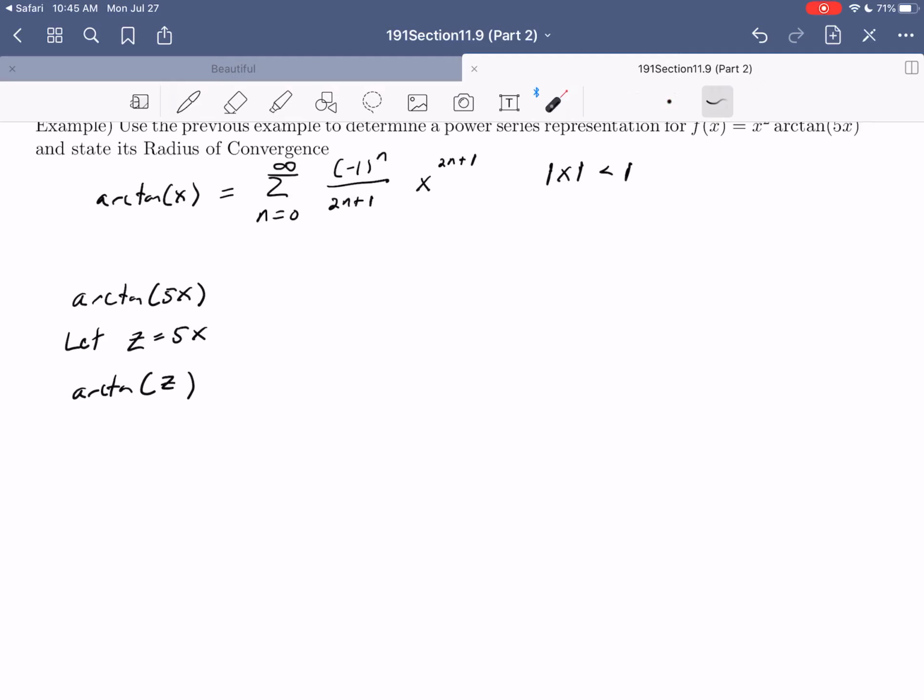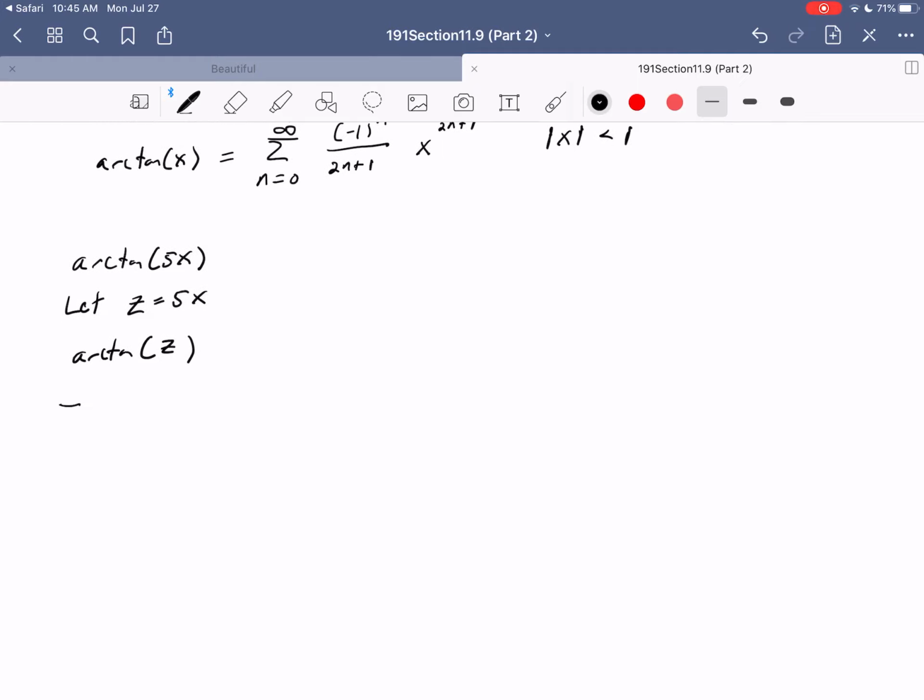So we're looking at arctan of z now. We know that is equivalent to the sum from n equals 0 to infinity of (-1)^n over 2n plus 1, z to the 2n plus 1, as long as the absolute value of z is less than 1.